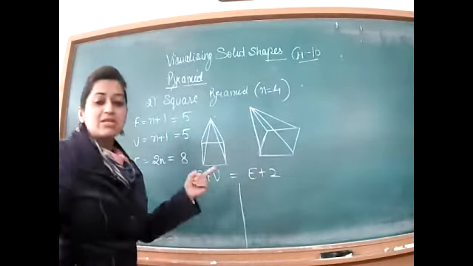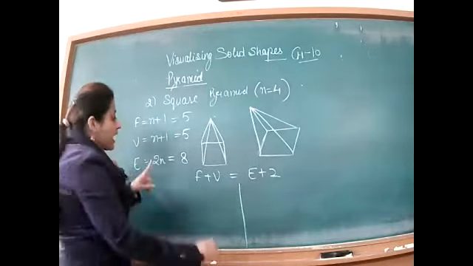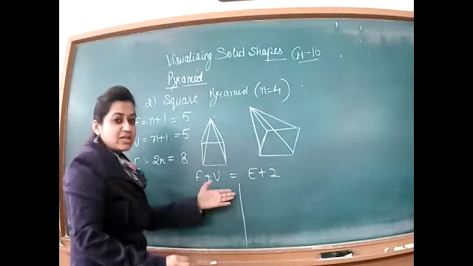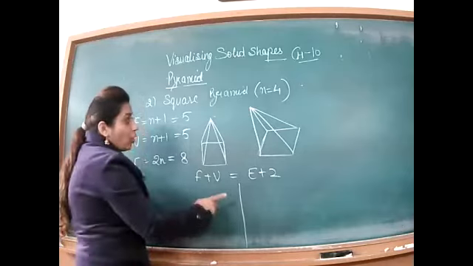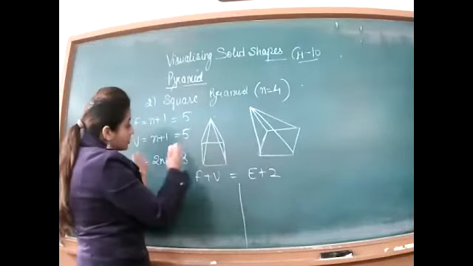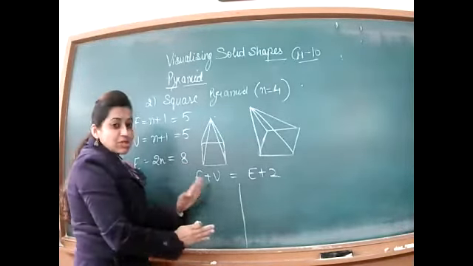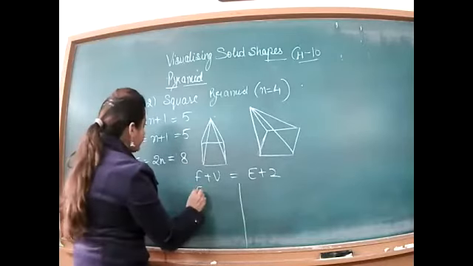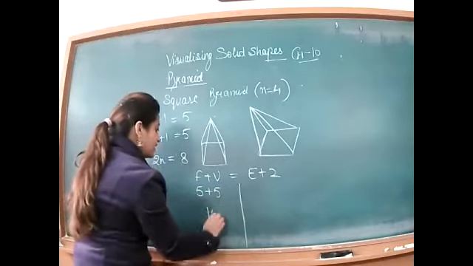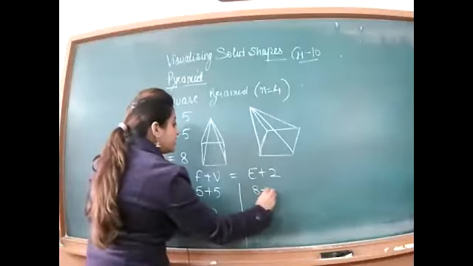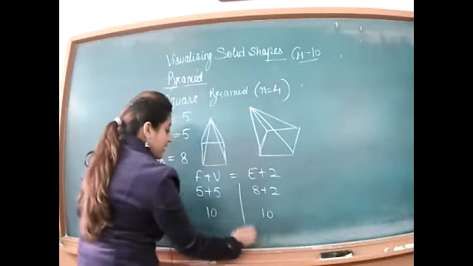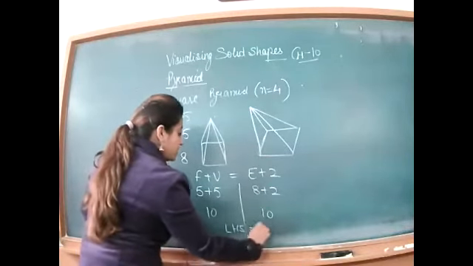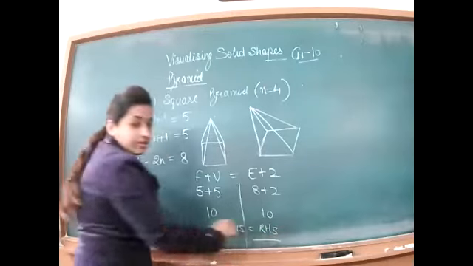This formula is specially for polyhedron and it must satisfy this formula because a polyhedron is possible. So these terms should satisfy this formula. 5 plus 5 is 10. Edges is 8, and 8 plus 2 is also 10. Left hand side is equal to right hand side.